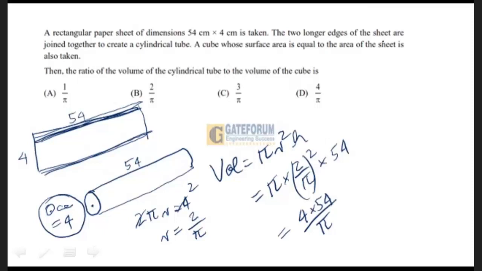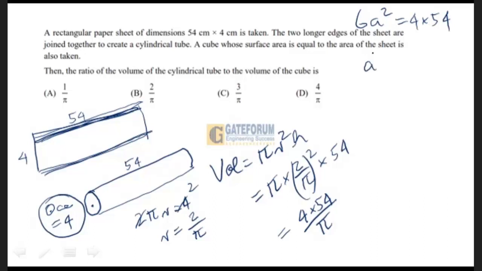Now a cube whose surface area is equal to the area of the sheet. So the surface area of a cube is given by 6a square if the length of the cube is a. So this is equal to 4 into 54, because that is the area of this rectangular paper sheet.